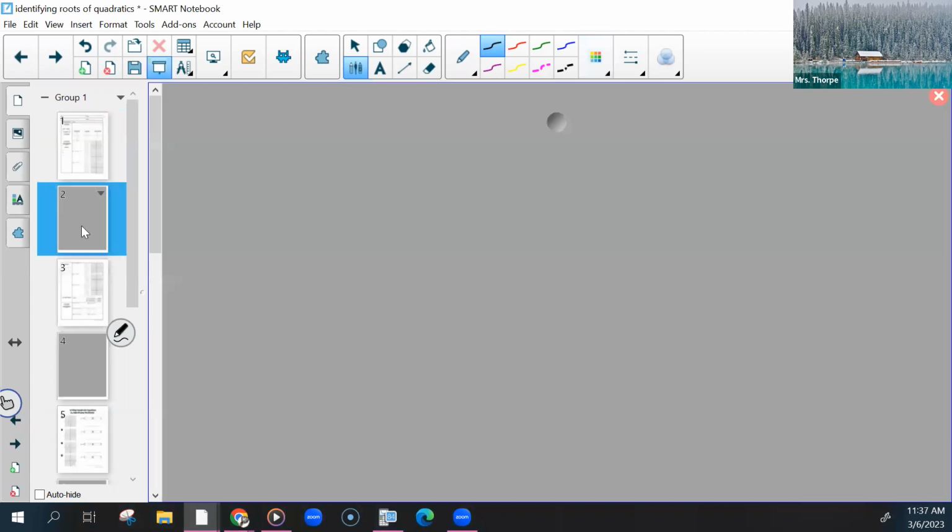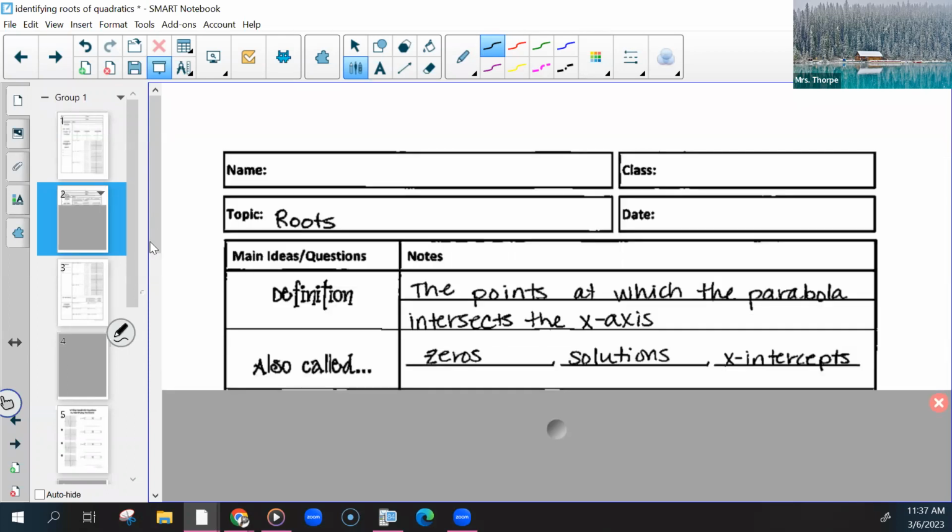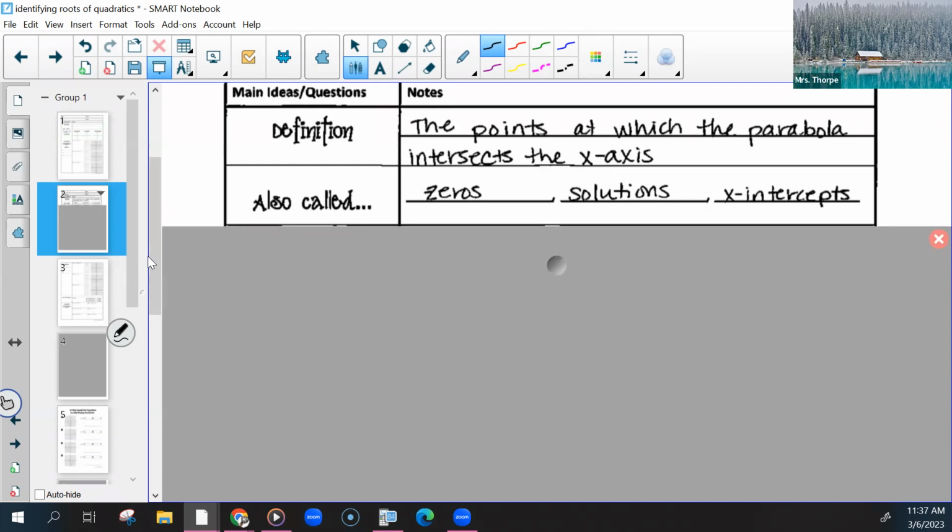So the next set of notes I passed you is the start of lesson 3. I want you to write down this definition first. So what it doesn't say is the word roots, but with quadratic equations, the roots is really what we're looking for, and they're also called zeros, solutions, and x-intercepts.